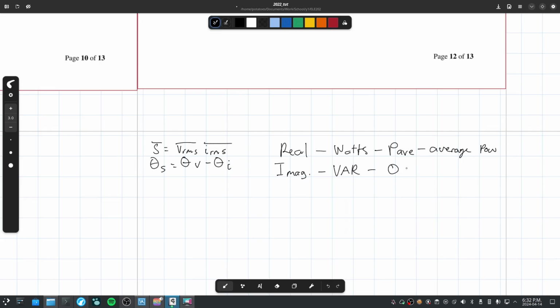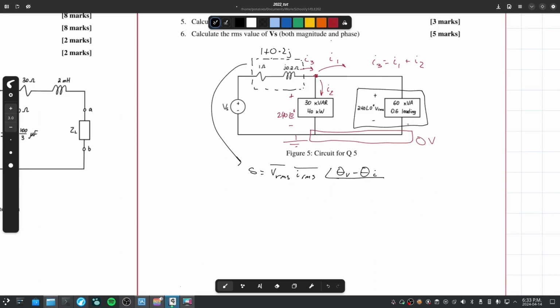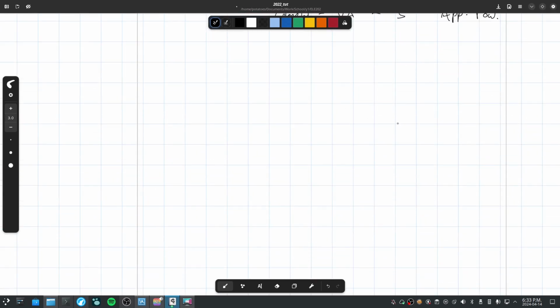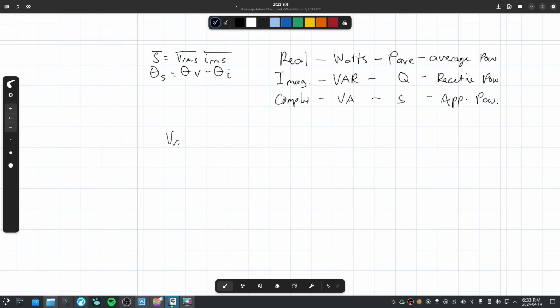It's given Q, and it is the reactive power. And the complex, the combination of the real and imaginary, is VA. We give it S, and it is the apparent power. It's a lot of names that are all different but associated with each other. And of course, in case you forgot, VRMS is equal to V divided by root 2, and same with IRMS. That's I divided by root 2.